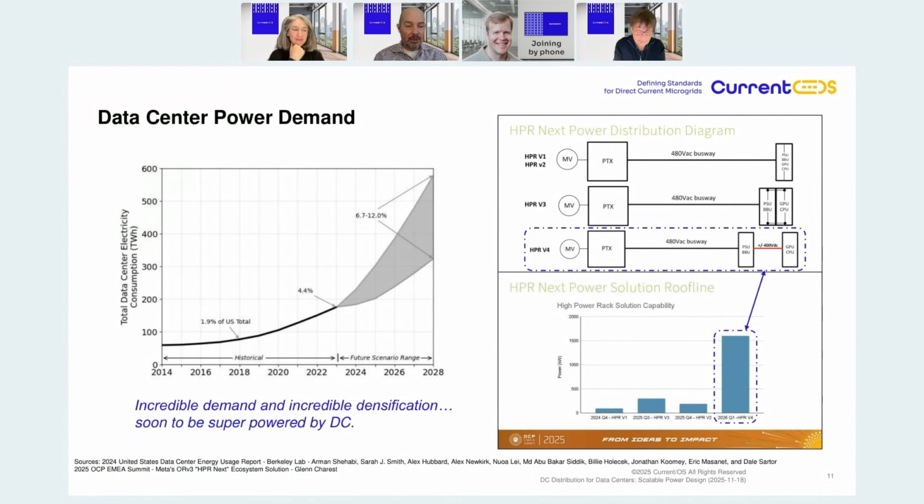Thanks very much, Daniel. So, as you can see here on the screen, what we are witnessing is a significant and exponential growth of power usage, and also a significant increase of the percentage of that usage for data centers.